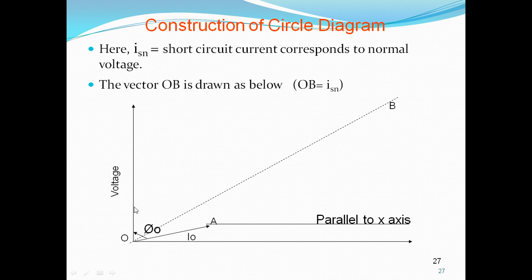From A we have to draw a parallel line to the x-axis. So this is OA we already drew. Now we drew OB, and we have to extend the line. We have to draw a parallel line from point A that is parallel to x.